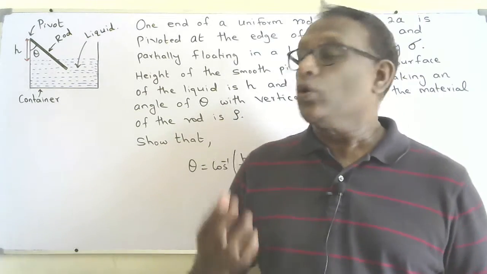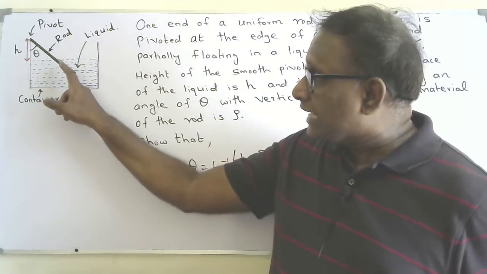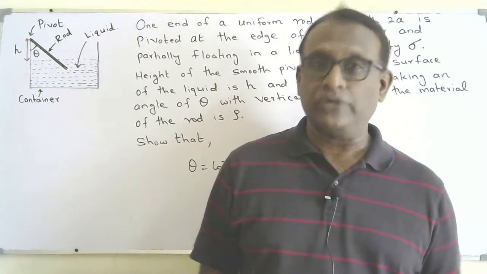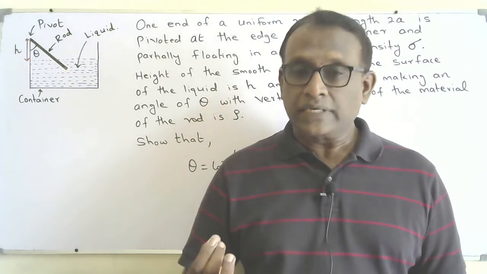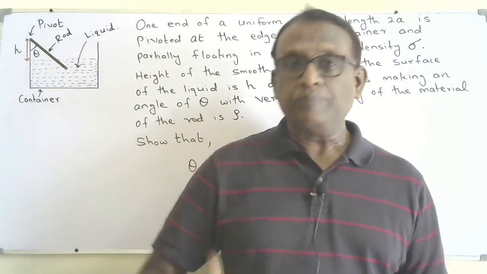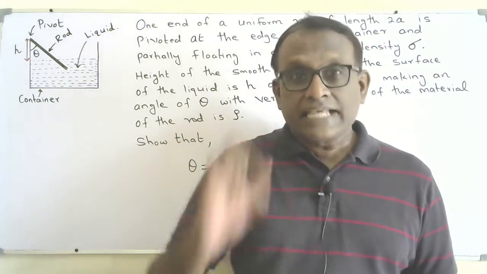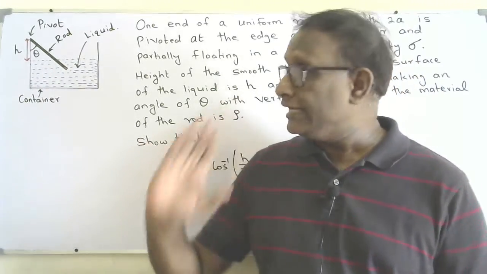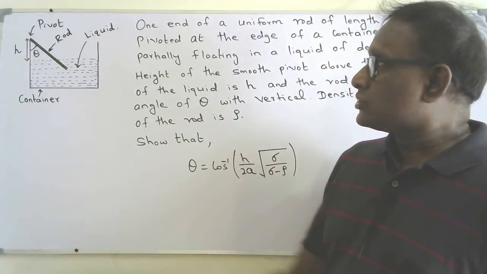Actually, upthrust will act on the center of mass or center of gravity of the displaced fluid. Always the upthrust will act vertically upwards at the center of mass of the displaced fluid. That is very important. We need to use that idea here. So it's a moment.